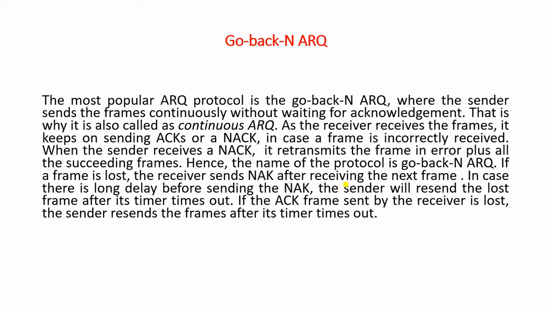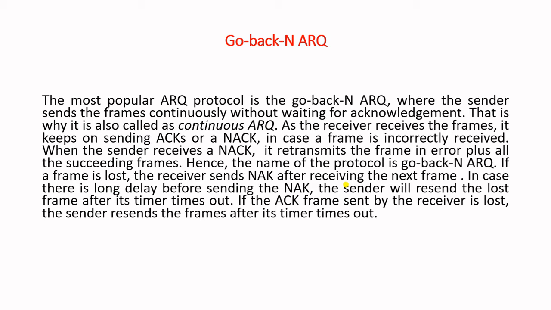As the receiver receives the frames, it keeps on sending acknowledgements or negative acknowledgements. In case a frame is incorrectly received, when the sender receives a negative acknowledgement, it retransmits the frame in error plus all the succeeding frames. Hence, the name of the protocol is go back N. It means the frame which has the error and all the frames which were sent after that frame are resent by the sender.